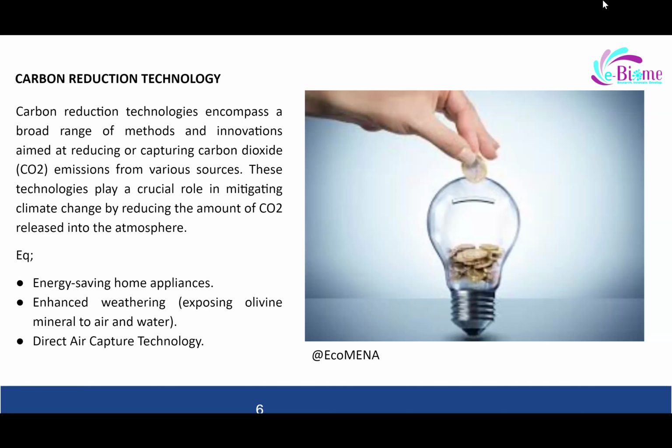And then we have direct air capture technology. What direct air capture technology does is that it works in the same way as the human lungs work. It absorbs air from the atmosphere and then it traps the carbon dioxide in it and then releases the fresh air into the environment.